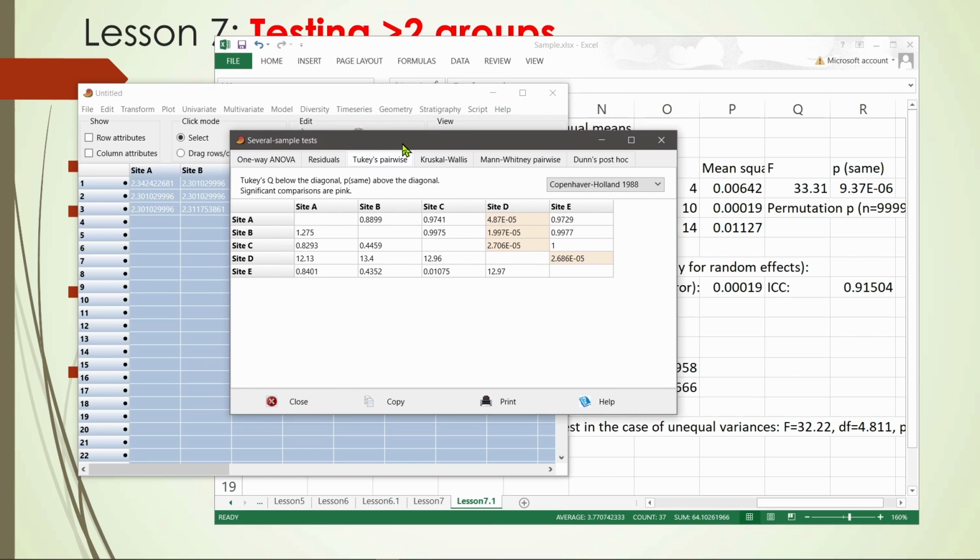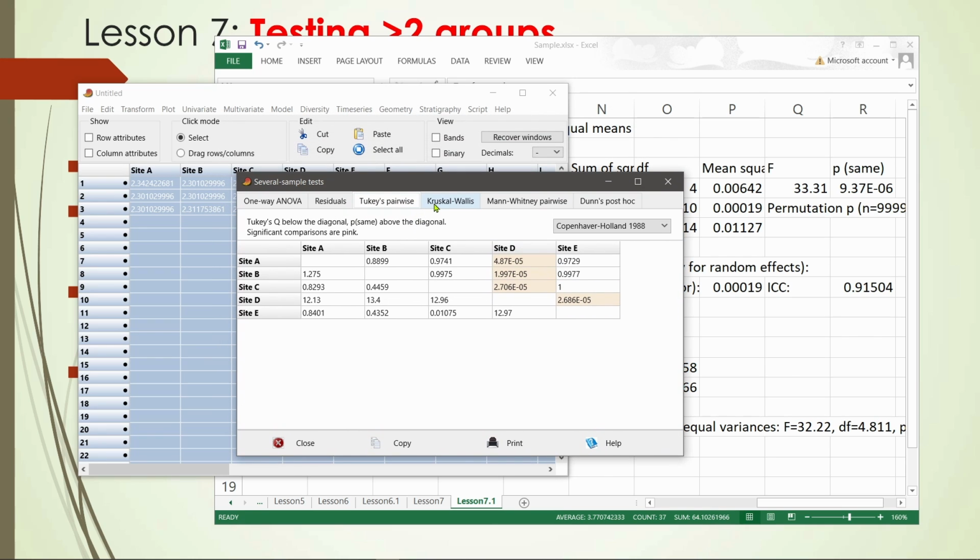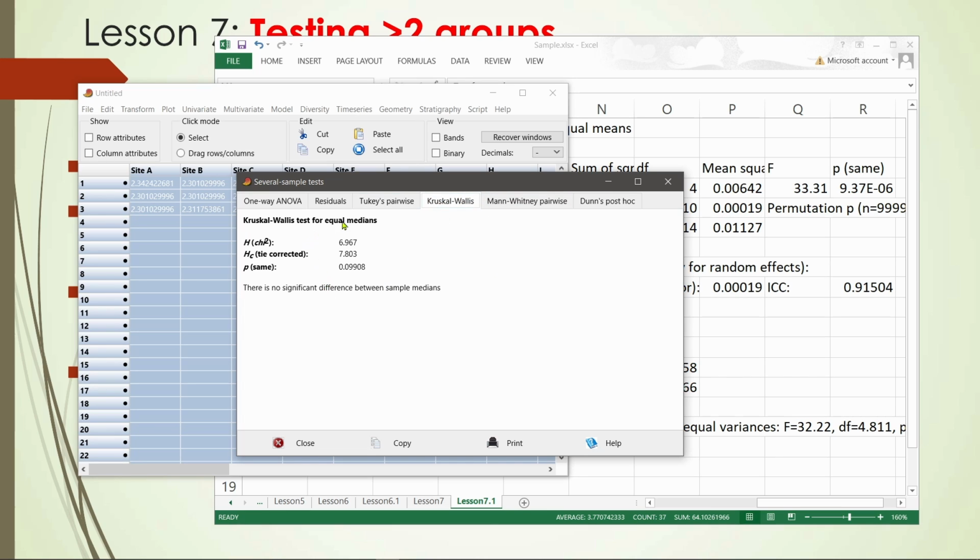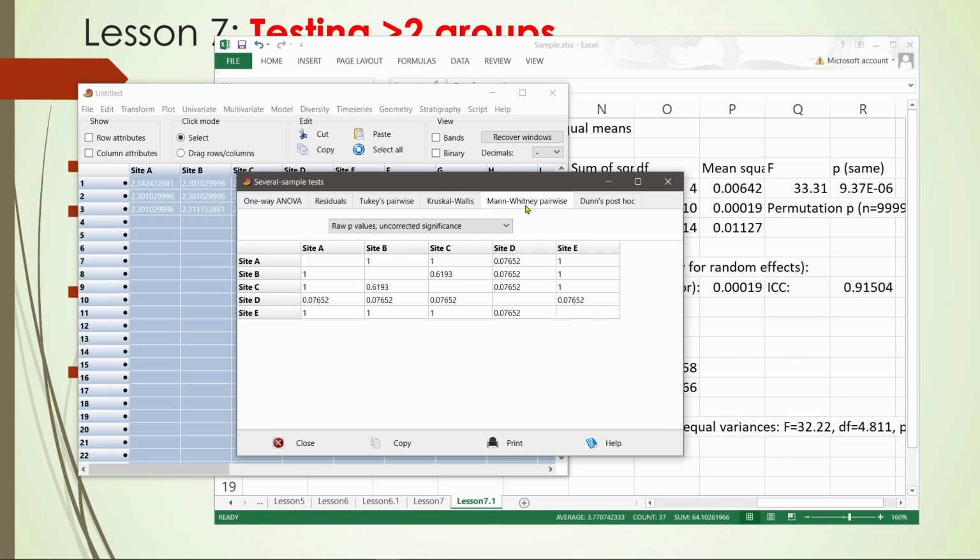So in PAST, you are also able to carry out non-parametric statistics, Kruskal-Wallis test here, where you test for medians to see whether the medians from the different groups are similar. If the Kruskal-Wallis test is significant, you can proceed to the next step where you can look at the Mann-Whitney pairwise comparison.